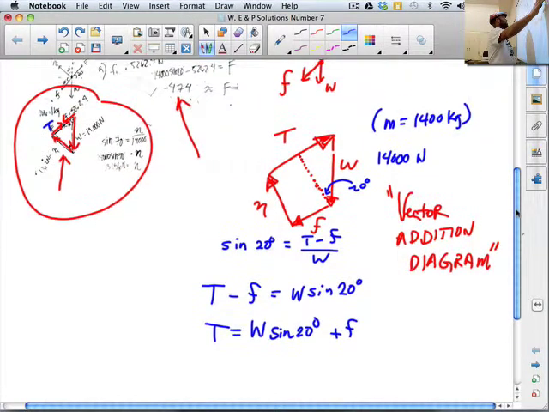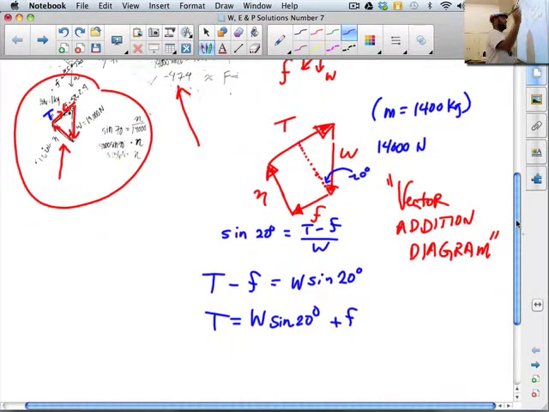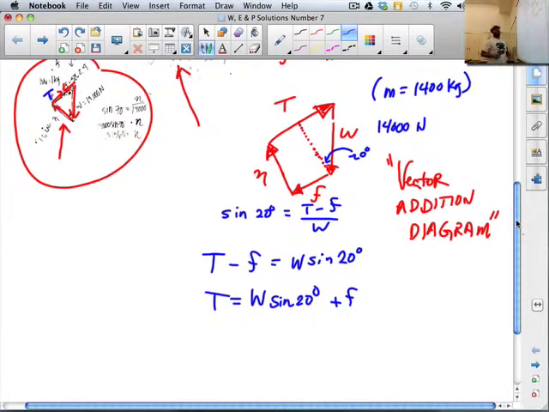And working from there, I would need to find my normal force in order to find my friction. So I should probably do that now. That's going to come from cosine 20 degrees. So cosine 20 will be normal force, that's this length here, over my weight.